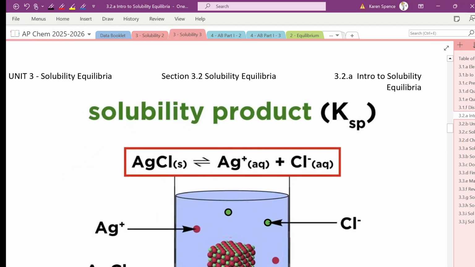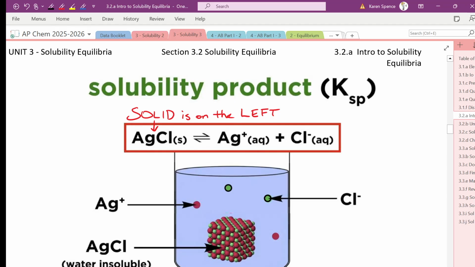All right, and here is our introduction to the solubility product constant, the KSP. And you'll notice that in the equation for this, the solid is on the left in the reactants. Okay, and the ions are on the right-hand side.